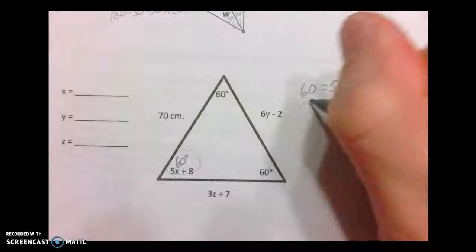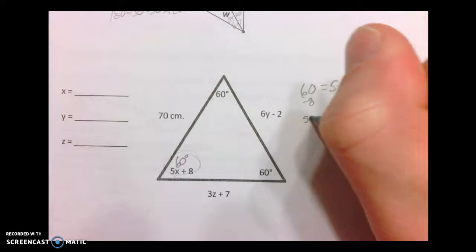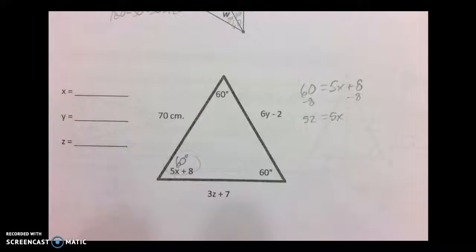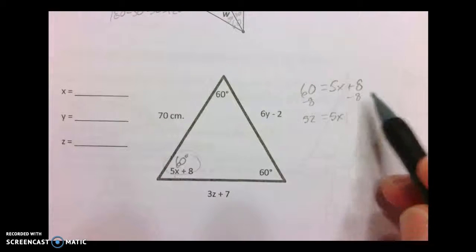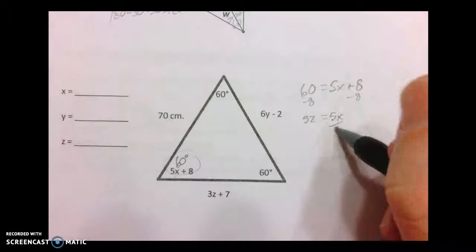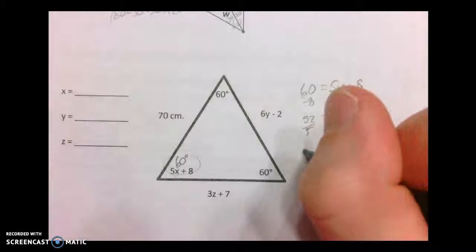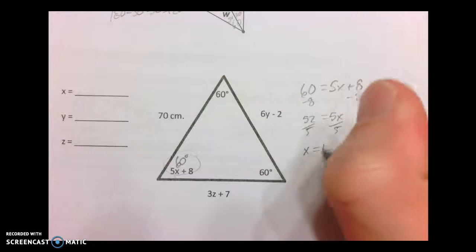Subtract 8 from both sides, and I get 52 equals 5x. And then I'm going to divide both sides by 5. It looks like I'm going to get a decimal. 52 divided by 5 is 10.4. So x equals 10.4.